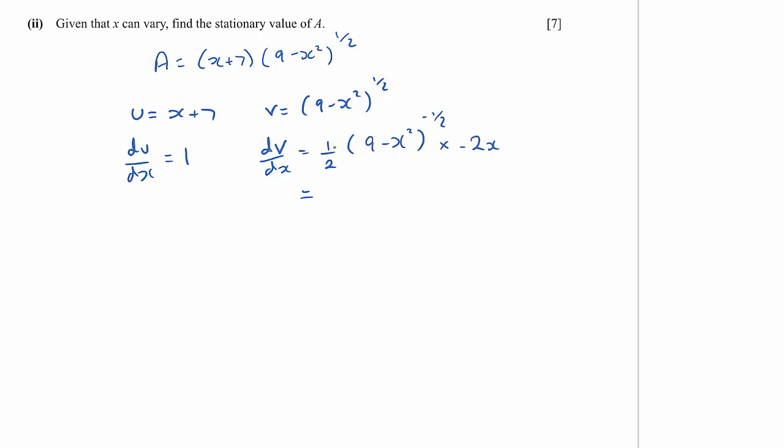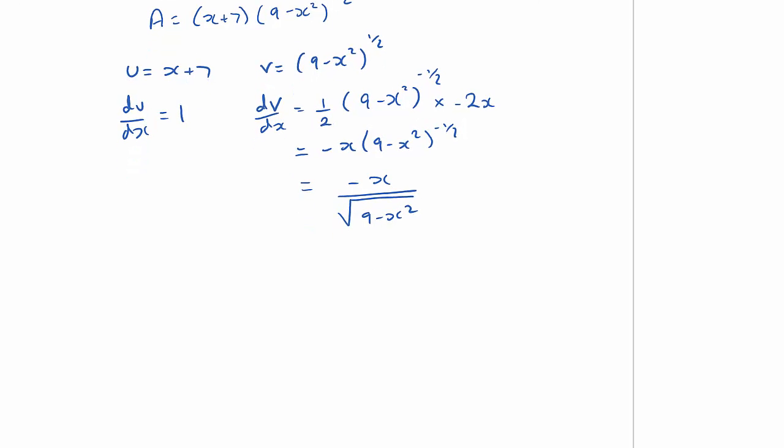So negative 2 and then a half, so we're just going to have negative x, 9 minus x squared to the negative a half, which is minus x over the square root of 9 minus x squared.